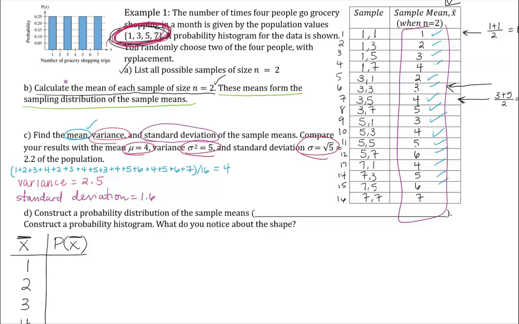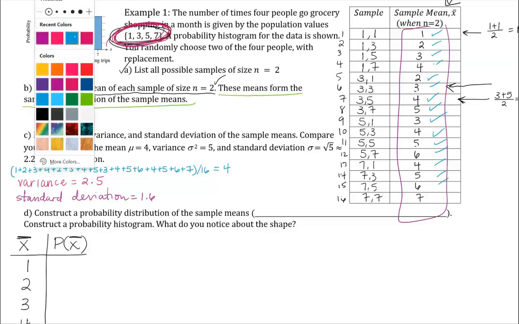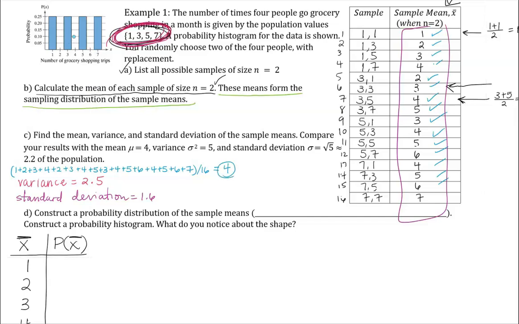So what we should notice is that the mean of our means was the same thing as the mean of the original data. The mean of the sample means was the same thing as the mean of the original data.